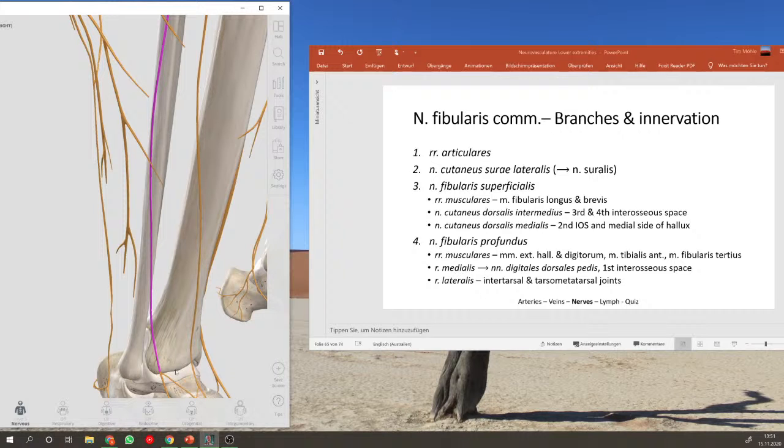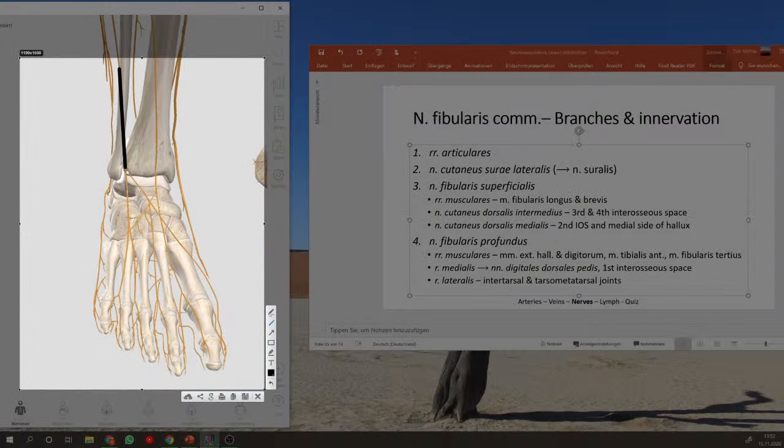So superficial fibular nerve, and it will divide into nervus cutaneus dorsalis medialis, because it's on the medial side, and nervus cutaneus dorsalis intermedius, and we also have a third dorsal cutaneous nerve.